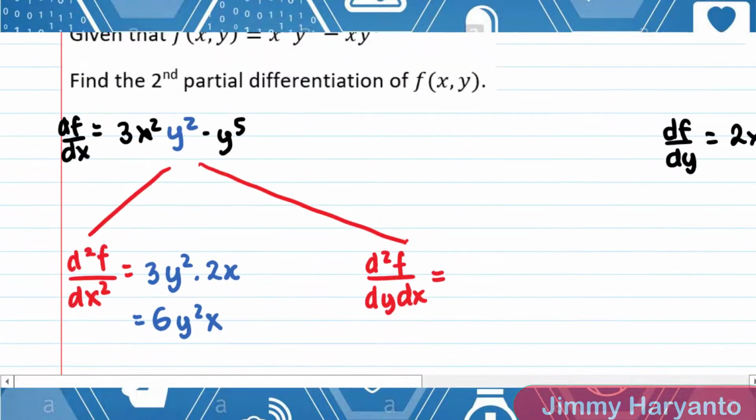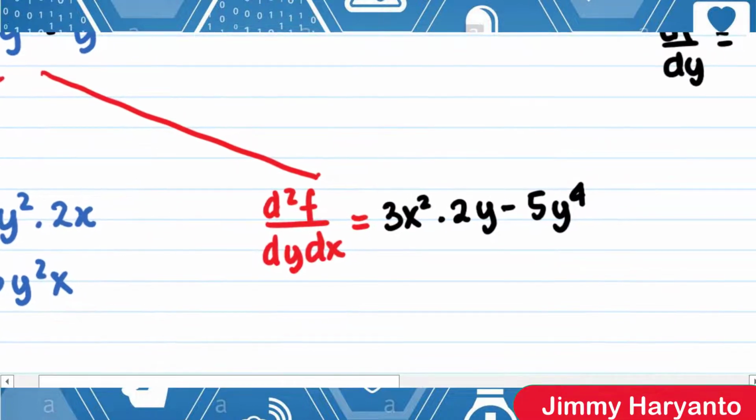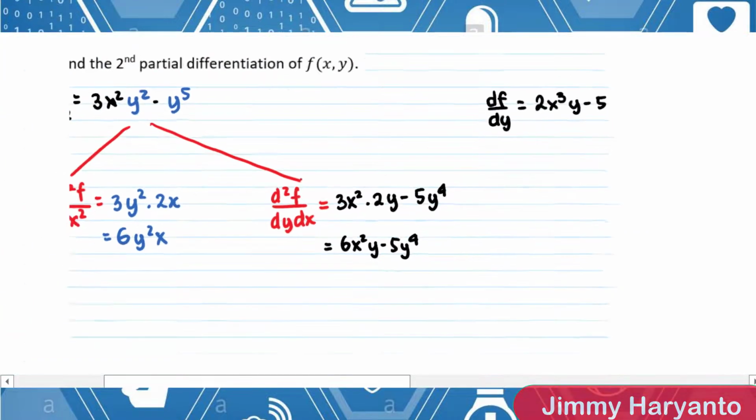Ya betul. Nah ini y^5 nya juga kita lihat sekarang as a variable. So the answer will be 3x square, itu koefisien ditulis aja. Next is y square. Y square it will become 2y and then minus 5y^4. There you go. And the answer will be 6x square y minus 5y^4.